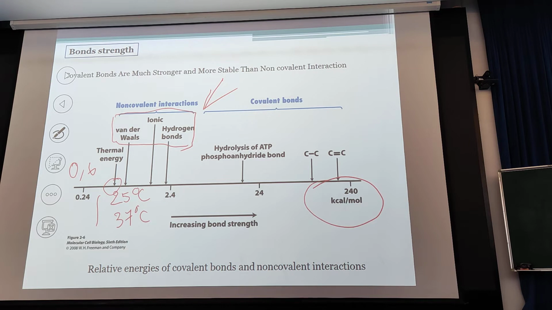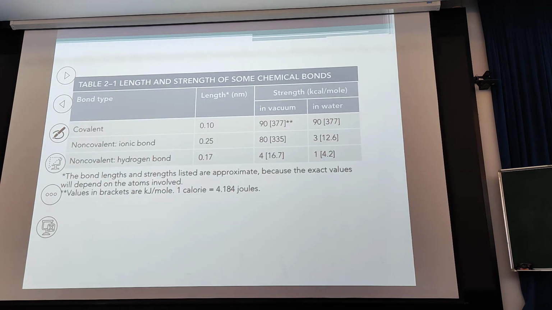For those who studied chemistry, I need to remind you about the ionic bonds, or you can search on Google. The ionic bond is quite a strong bond, right? But here we study biology, and in biology it's not really familiar to you, so I need to put the table here to explain.